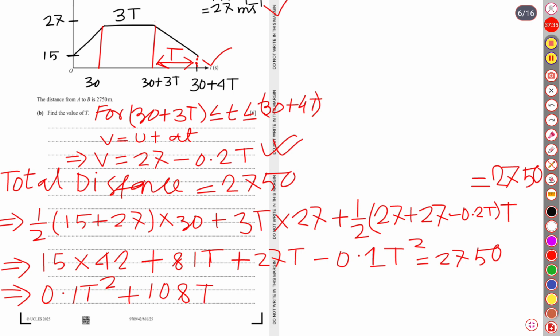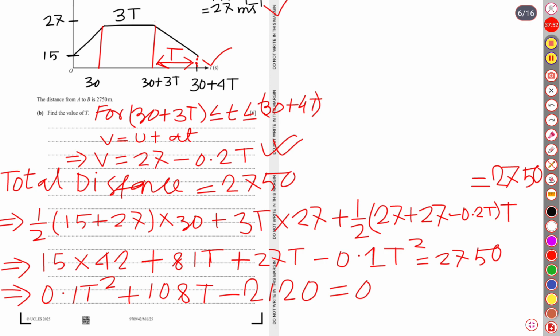Then from 2750, if we subtract 15 into 42, it is going to be negative 2120 equal to 0, right side.